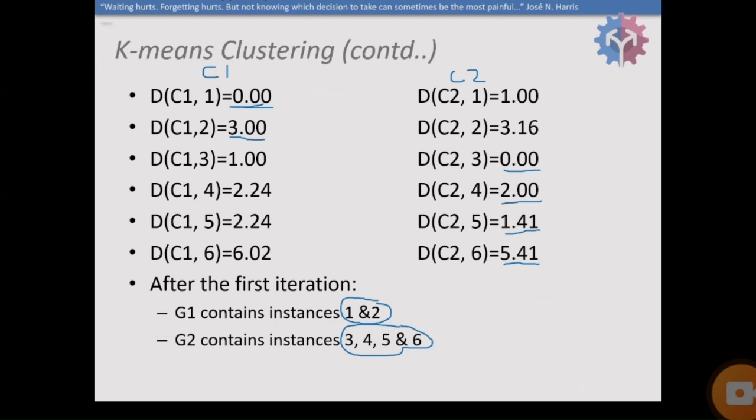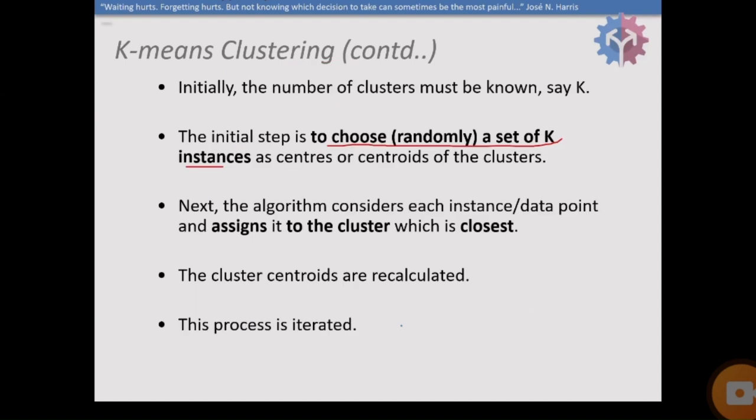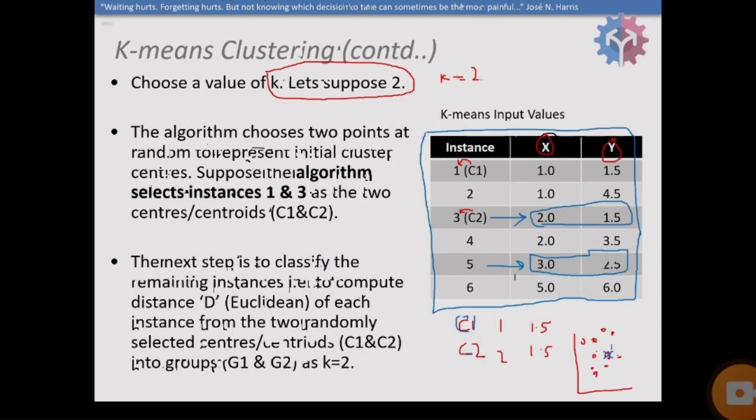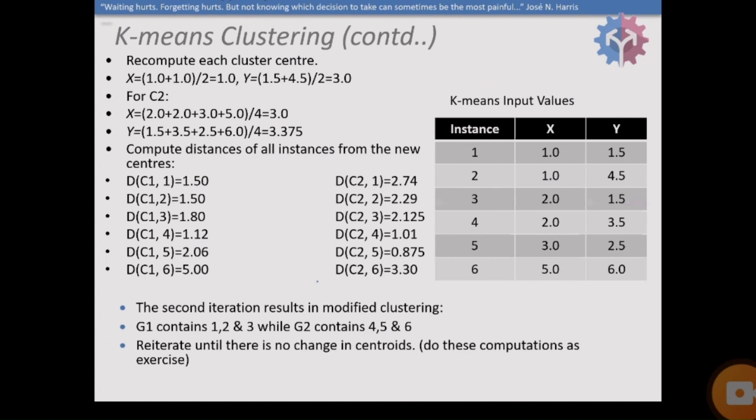So we have almost completed our first iteration. There is one point left. What is that point left? We have to recalculate the cluster by taking the average, right? We have to find the average, as I told you. So how do we find the average? Now you will see. You can see your data here.